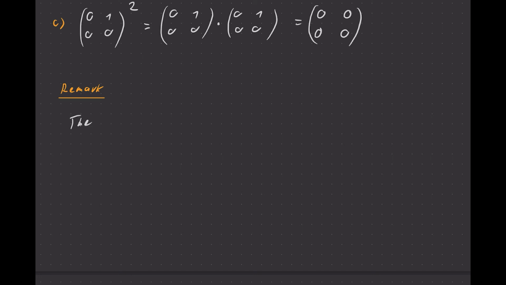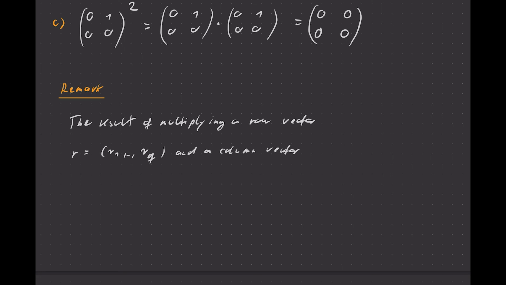So the result of multiplying a row vector, let's call this R, R1 to RQ, and a column vector, we call this C, C1 to CQ. Again, we need to make sure that the middle dimension agrees.